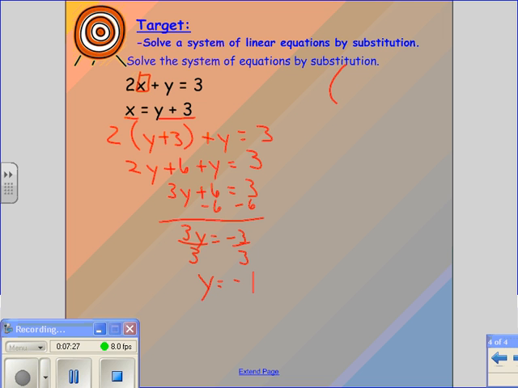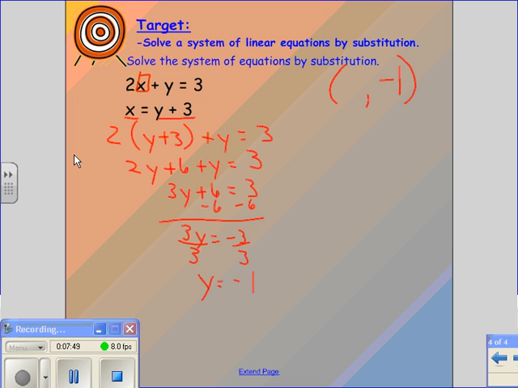So I'm going to go up here and make my ordered pair form so that I don't forget that my y value in that solution is negative 1. So now that I know that, I can go back to one of the original equations. It doesn't really matter which one. But again, I'm going to choose this second one because I know what y is, and it'll be easy for me to find x.